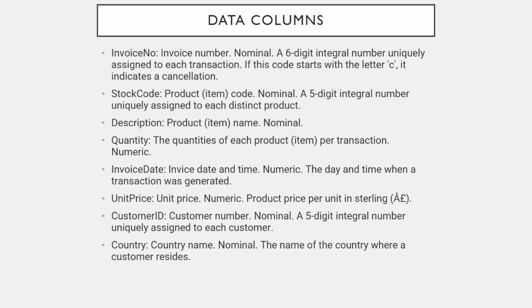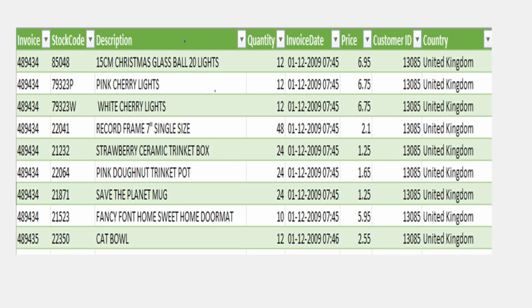Unit price is the product price per unit and it's in sterling, and customer ID is a 5-digit integral number which is uniquely assigned to each customer. Country is the country name in which the customer resides, and because the unit price is in pound sterling, it is important to understand that the online retail entity belongs to the United Kingdom.